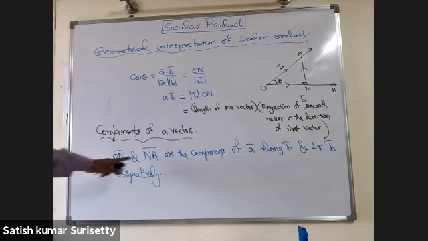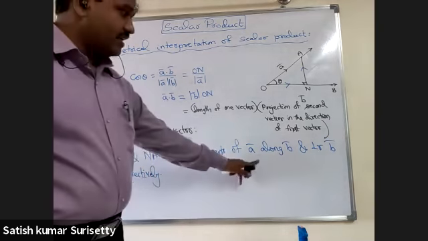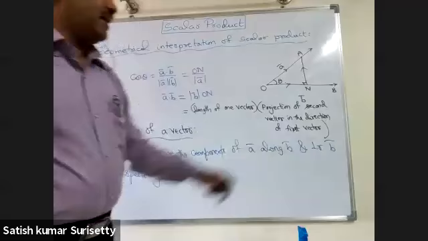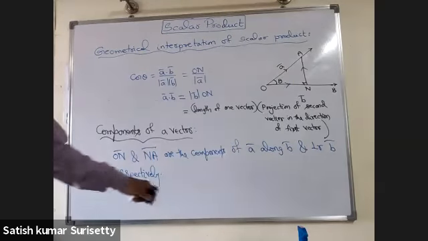ON bar and NA bar are the components of a vector A bar along B bar and perpendicular to B bar respectively.